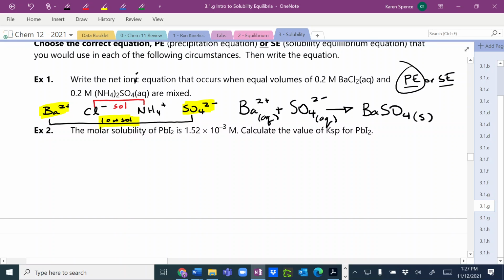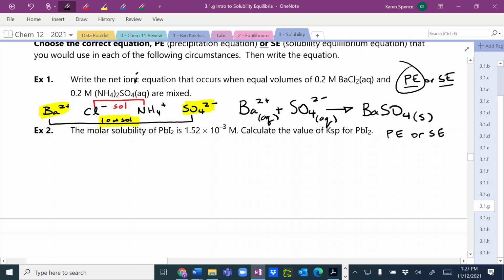Next one, molar solubility of, I know you don't know what that is yet, but you don't need to, we're not solving for it. The molar solubility of lead iodide is 1.52 times 10 to the negative 3 molar. Calculate the value of Ksp for lead iodide. Will we be using the precipitation equation or the solubility equilibrium?